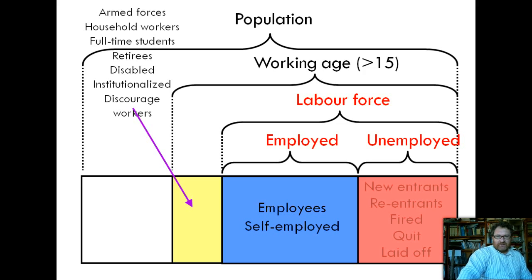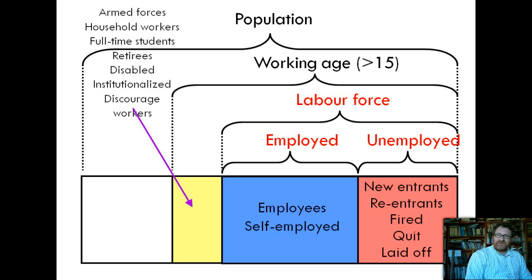So the employed are made up of people who are employees, paid employees or unpaid employees, and the self-employed. The unemployed can be classified in all sorts of ways. So we can say that's people who are new entrants into the labour market who are just looking for a job after they left school.